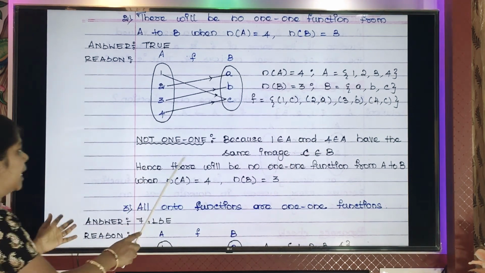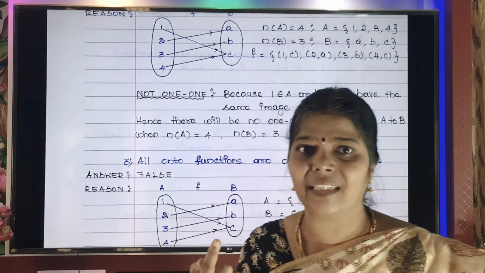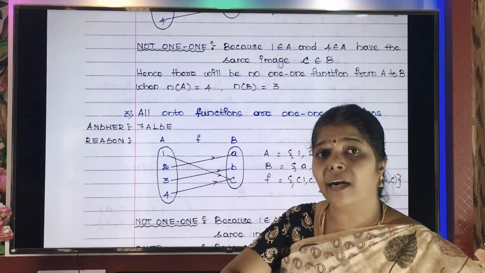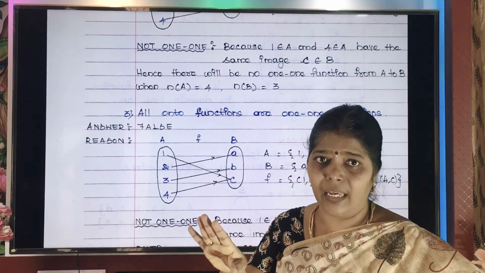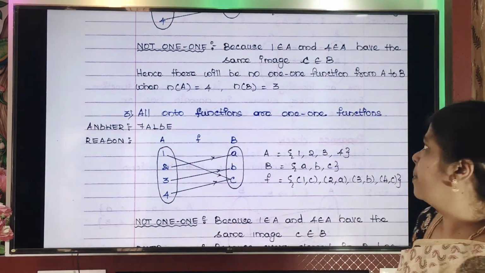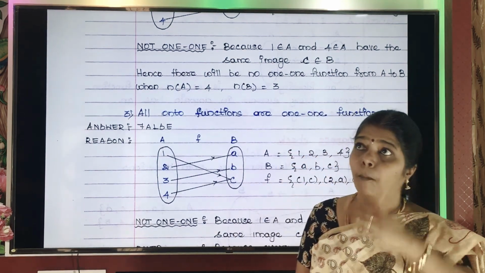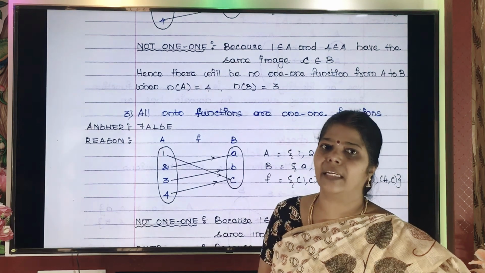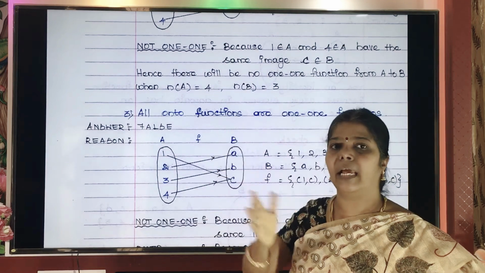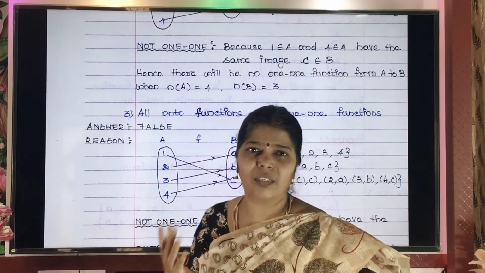When the cardinal numbers of 2 sets are not equal, this is another hint that you can keep in your mind for answering multiple choices. When the cardinal numbers of 2 sets are not equal, there cannot be a 1 to 1 function. I mean, if the first set has more elements than the second set, definitely it cannot be 1 to 1. But if the elements in the second set are more than the first set, then you can have 1 to 1. Hope I am not confusing.